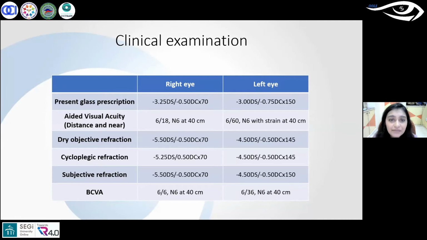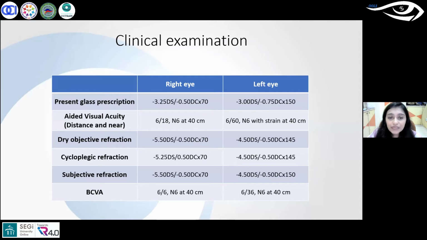Upon clinical examination, we came to know that the glass prescription the patient was using was minus 3.5 with minus 0.5 in the right eye, and in the left eye minus 3 with minus 0.75 cylinder at 150 axis.